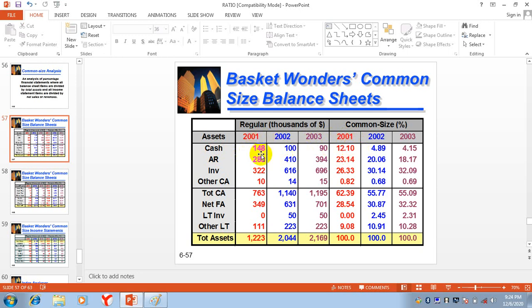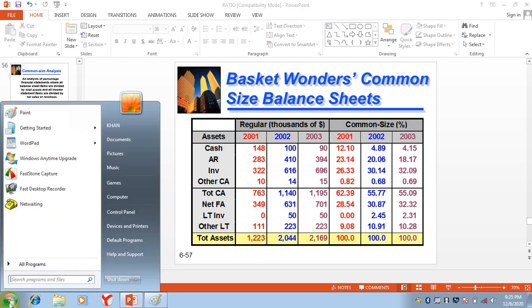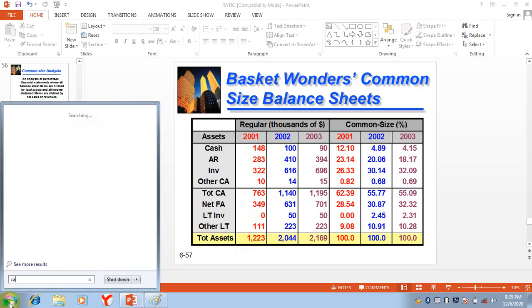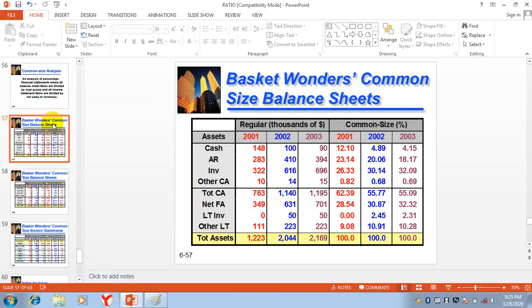Take 148, divide it by total assets. So 148 divided by 1223 multiplied by 100. So we are getting 12.10. I will check the calculator. It is here.